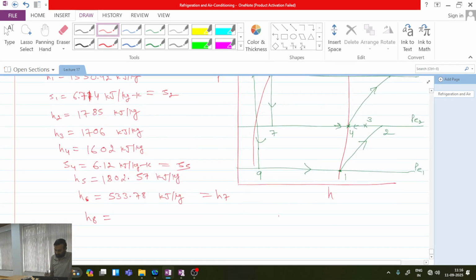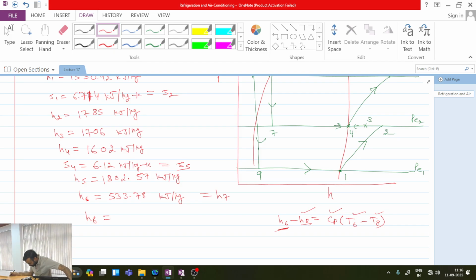So I can write that H6 minus H8 is equal to Cp into T6 minus T8. If Cp is given, T8, T6 are known to me. Sorry, I know H6, I can calculate H8. This is how you can calculate.